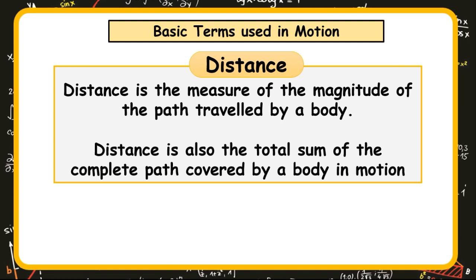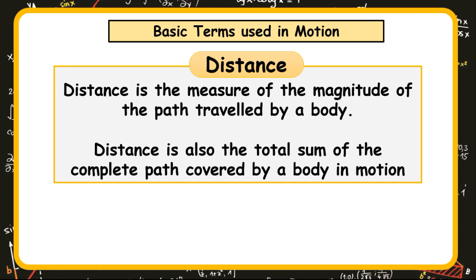That is, if you were at point A and you walked to point B and proceeded to point C, to look at your total distance, it could be said that you have covered AB as a distance or as a magnitude of the path plus BC.